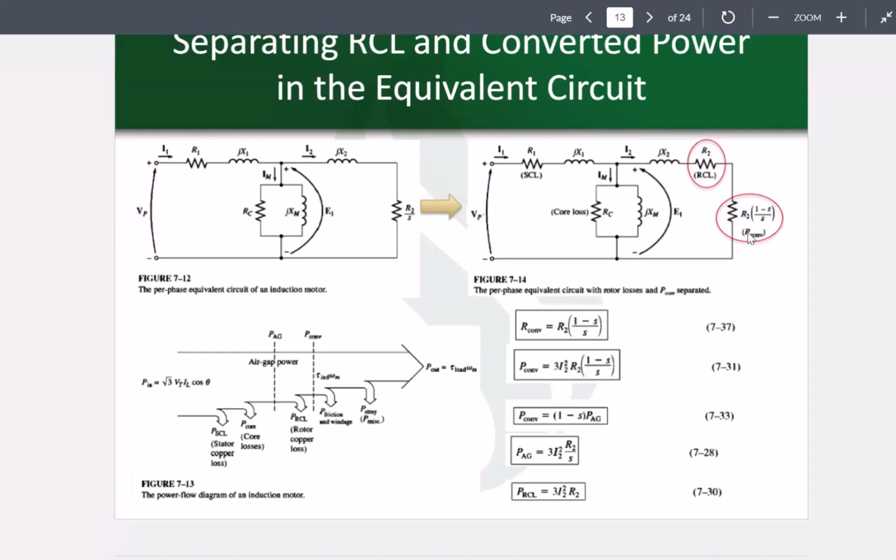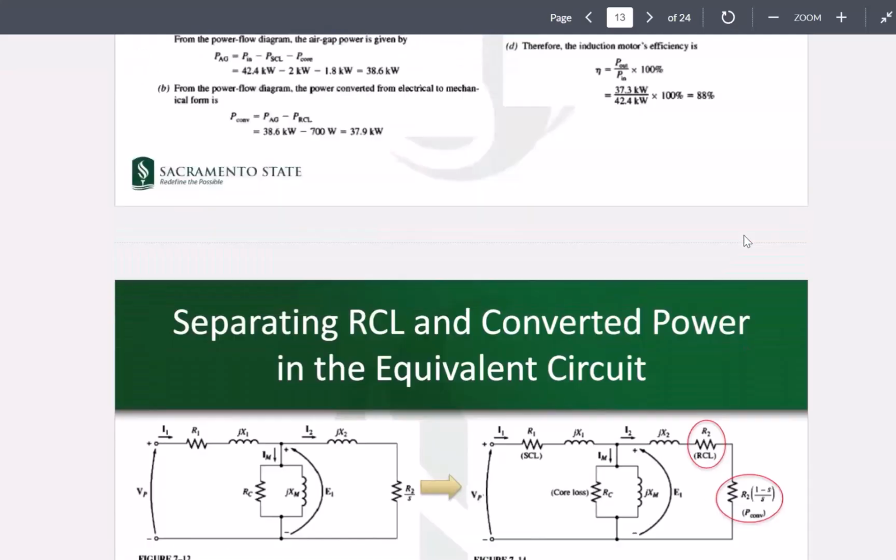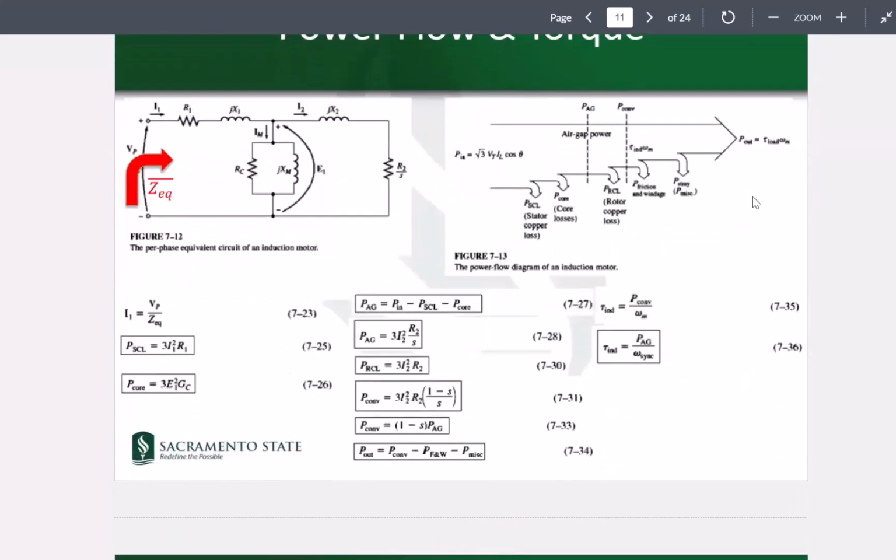So the power that is lost in this variable resistance would be equal to the converted power, the power that is going to be given to your load, but after that you have some mechanical and rotational losses that would be extracted. So this is the converted power, which is equal to tau induced times omega m.